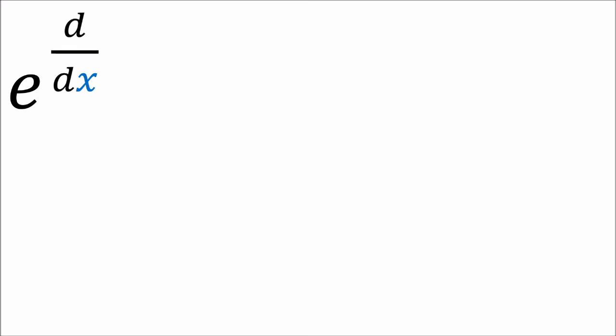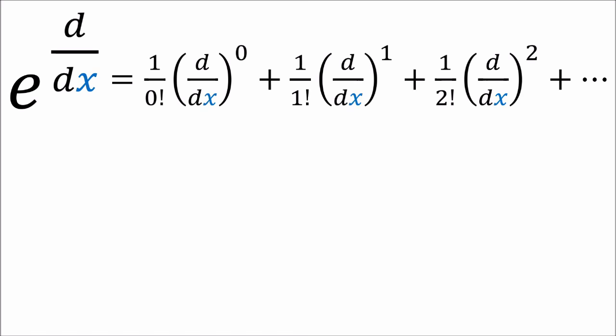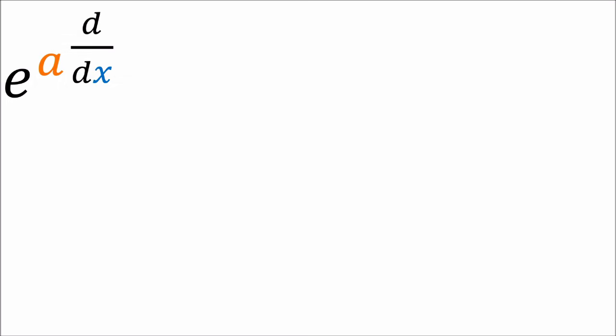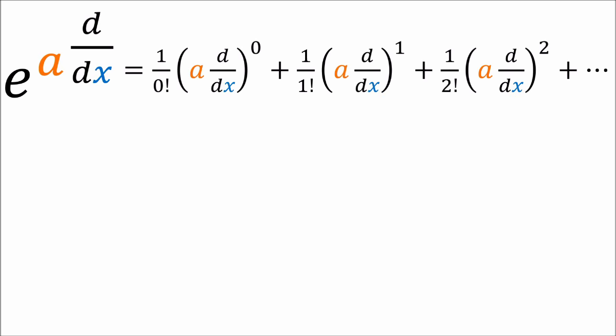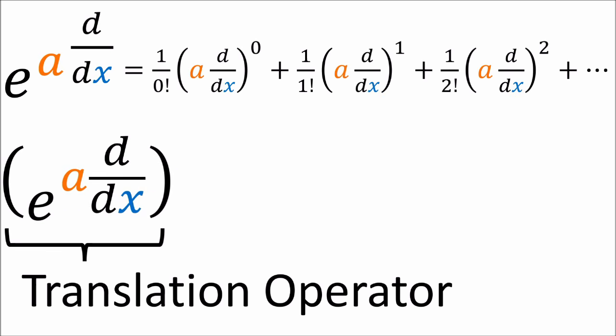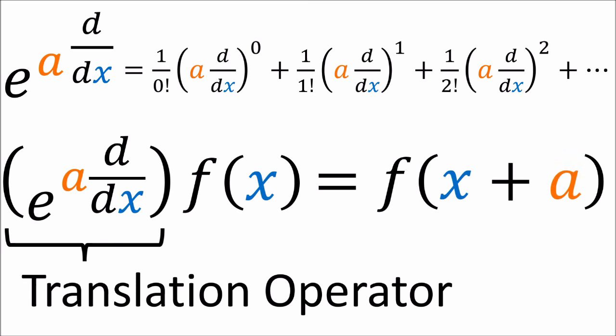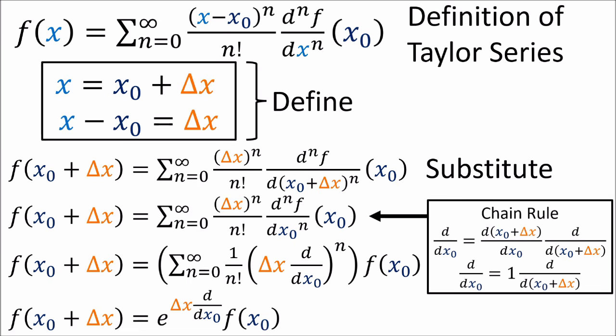This is getting a little off topic for this video, but it turns out you can also take the exponential of a derivative operator using the Taylor series definition. If we multiply this derivative by a parameter a and exponentiate it, the resulting operator is a machine that translates a function by some amount a. You can pause the video if you want to read the full proof of this.